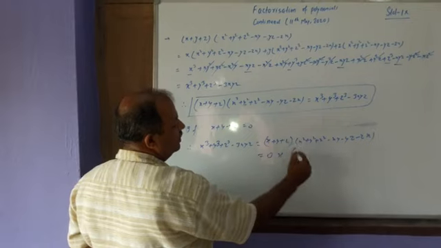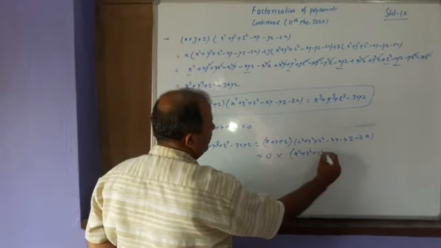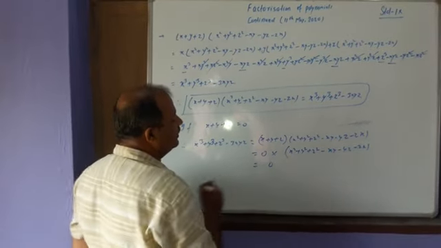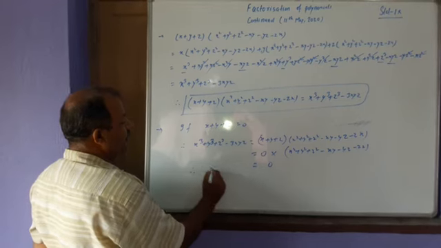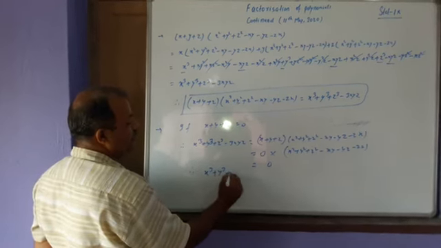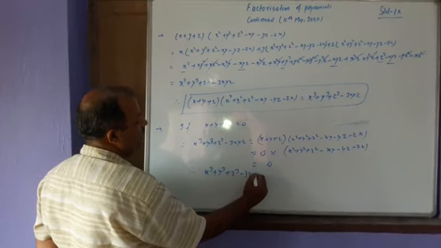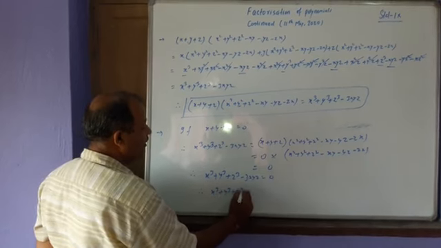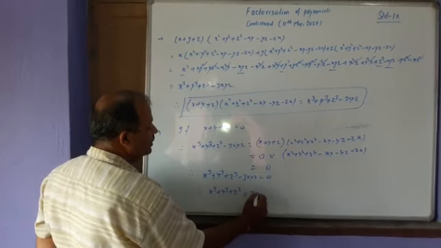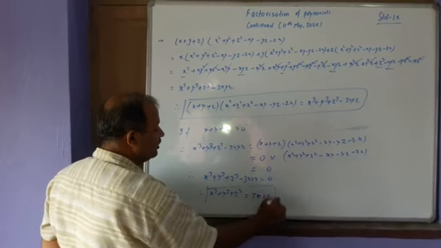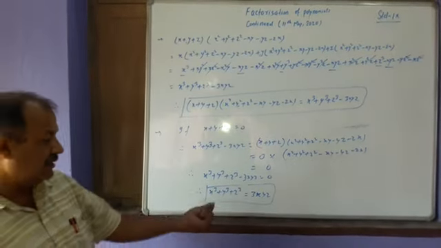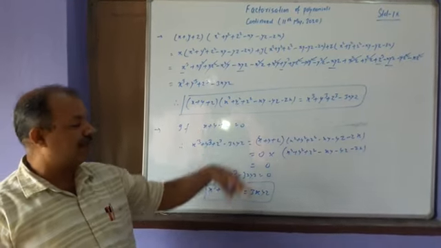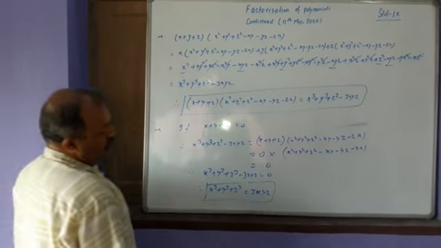When 0 is multiplied by x square plus y square plus z square minus xy minus yz minus zx, we get 0, and therefore x cube plus y cube plus z cube minus 3xyz is equal to 0, and therefore x cube plus y cube plus z cube is equal to 3xyz. This is the other identity, but this identity has a condition, that x plus y plus z must be 0. Okay?